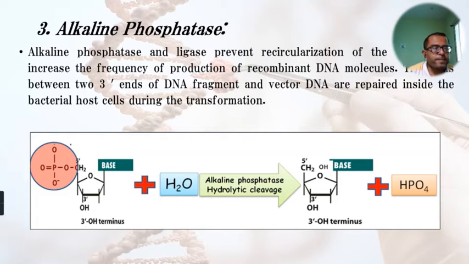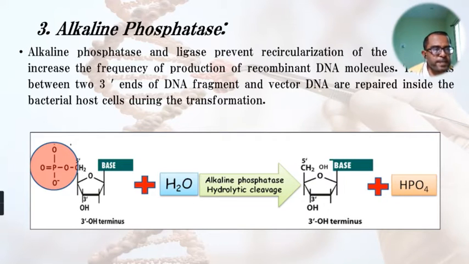So the phosphate group is available on the DNA source fragments. They get combined with the hydroxyl group which is present on the fragments of plasmids. There is a formation of phosphodiester linkage, and this linkage is formed because of the DNA ligase enzyme, and we are able to get the recombinant DNA molecule in this case.